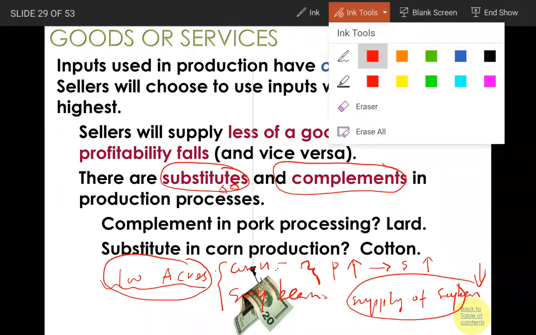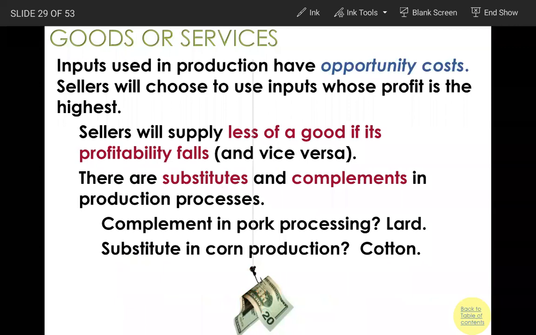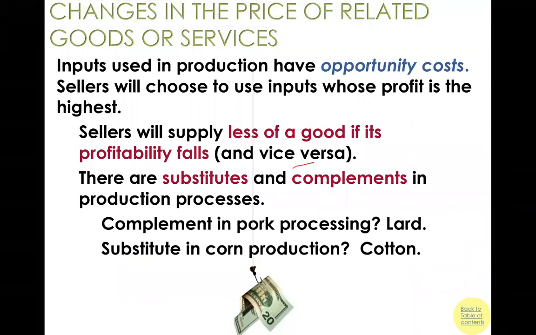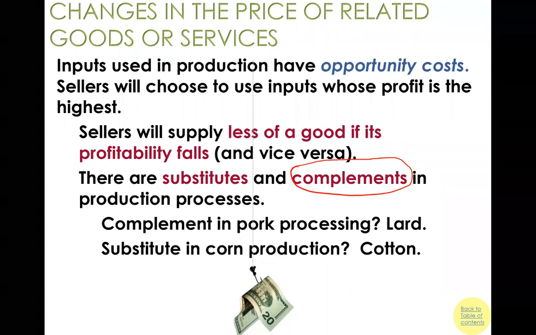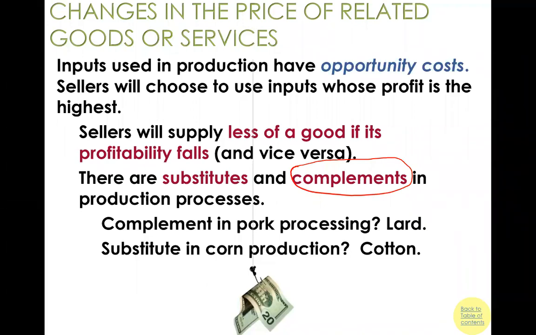Now we look at the other possible relationship between goods produced, which is complements. Complements means that when we produce good A, we must produce B at the same time. The example is pork processing.